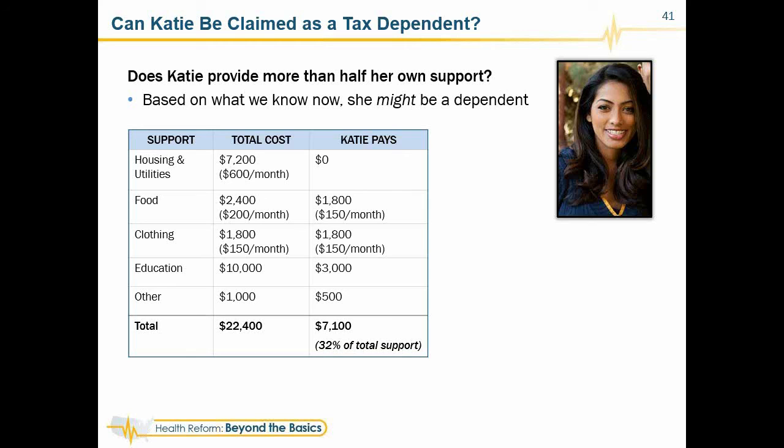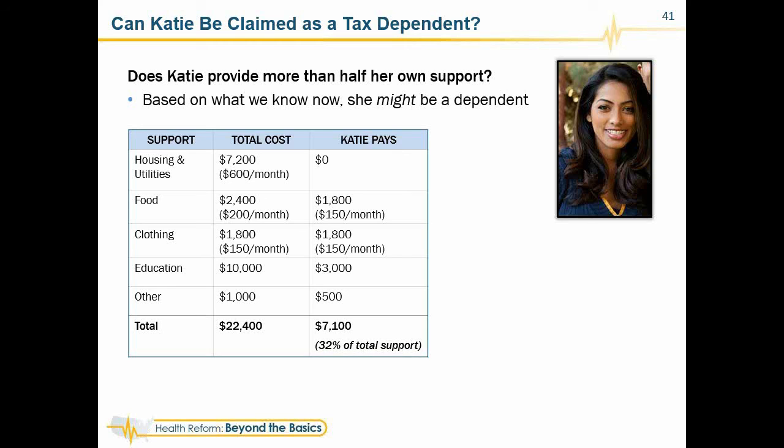So you can see that we've estimated her cost of housing, her cost of food, her cost of clothing, education, and then some other expenses. And the cost of being Katie is about $22,000. Katie only pays about $7,000 toward the cost of being Katie.